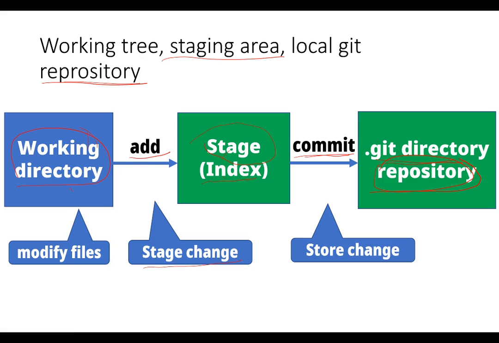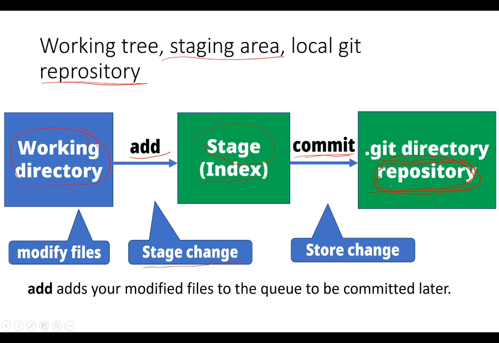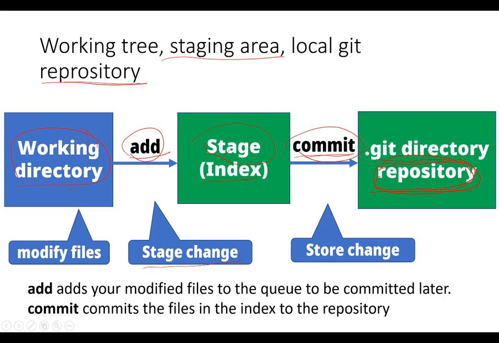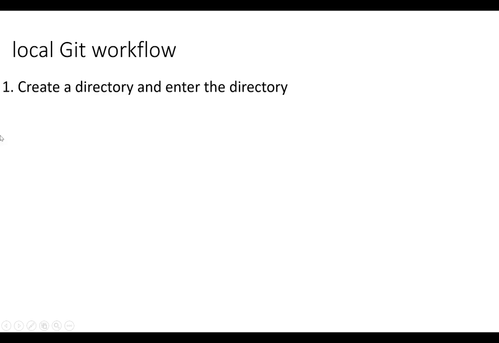After you use commit to store your change to the Git repository, then the Git repository will remember or record your change. So add and commit are the two main commands we often use.